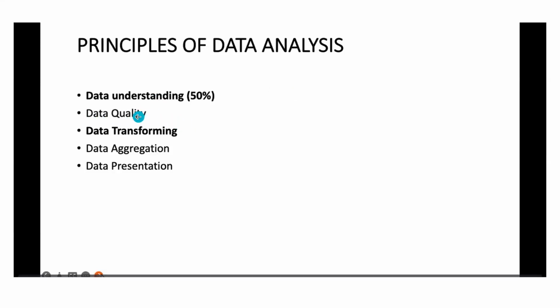That's where data quality comes in. And it's all data transforming as well. That's what you're doing. You are transforming the data. Data aggregation talks about how you are able to, like the word says, aggregate your data accordingly as well.